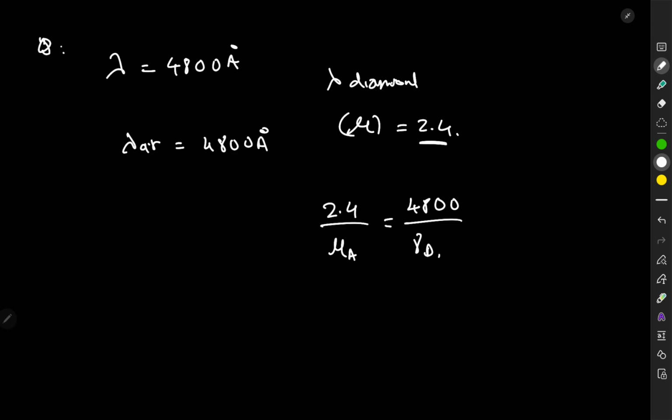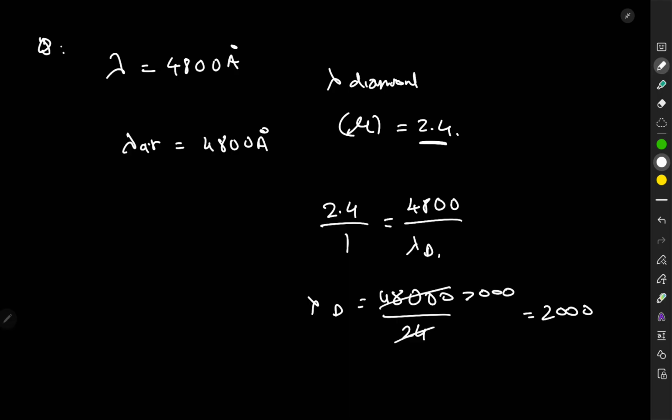Okay, and mu of air is 1, so lambda d will be 4800 by 2.4, which will be approximately equal to 48 by 10 goes there, and 2000, I guess. Yeah, if I'm not wrong, it's 2000 Armstrong. Fine.